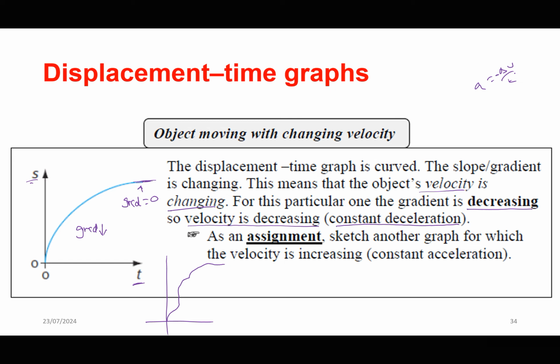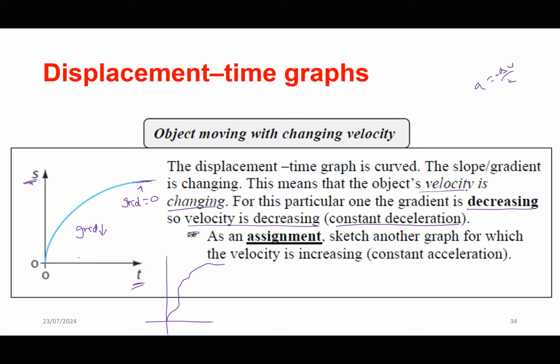A lot of us will not be able to see that this is a displacement time graph and the velocity is decreasing, because we always associate the word decrease with the graph turning towards the x-axis. But this is a displacement time graph, and we are saying the gradient of a displacement time graph is the velocity.